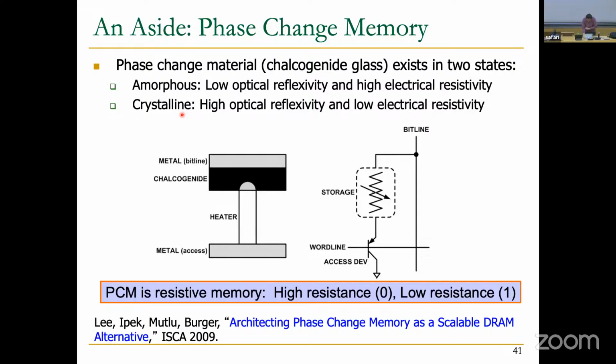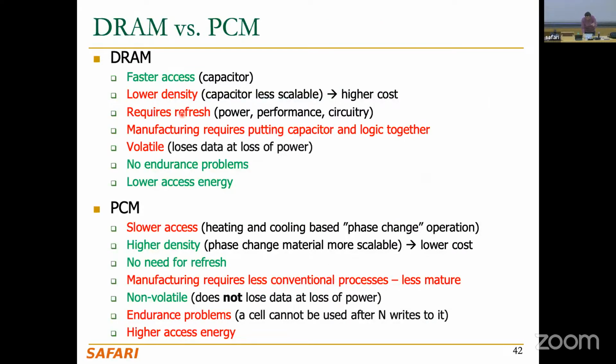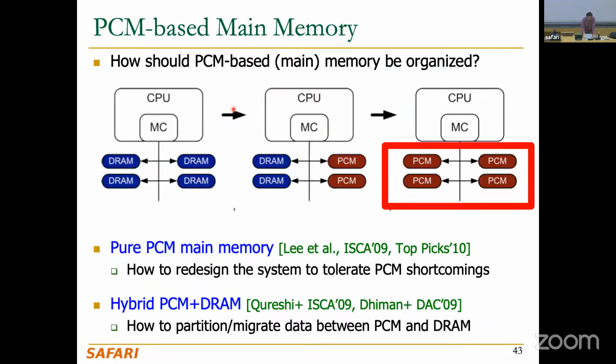Now I'll have this slide comparing DRAM to PCM, but I'll summarize this as there's no perfect memory. You can see some trade-offs here if you want to review the slide in the future. Not everything is green, that's the important takeaway. Some things are red here. And it's interesting because you can decide to have PCM-based main memory. Its performance is somewhat closer to DRAM.